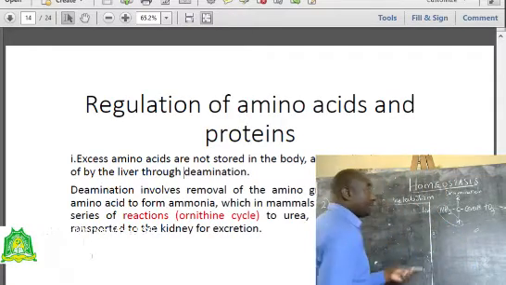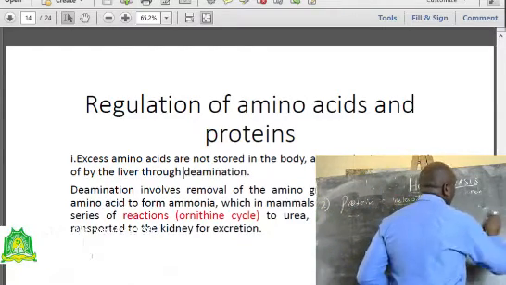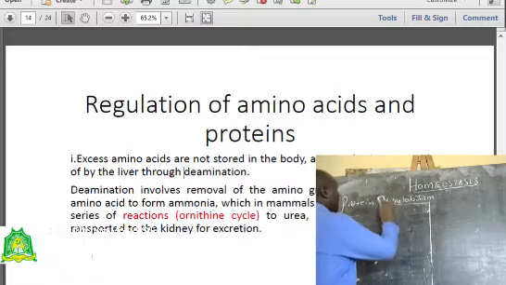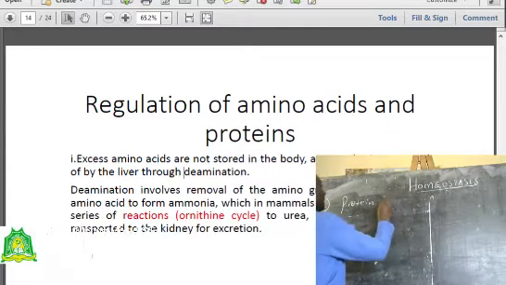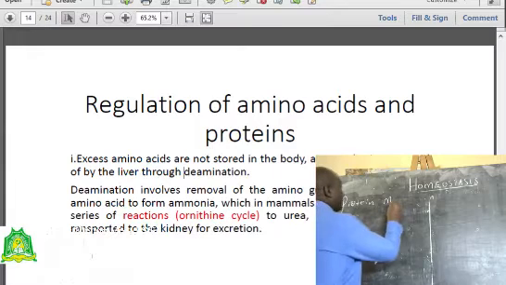Dear learner, you must have realized we have mentioned a protein here. How are proteins regulated in our body?